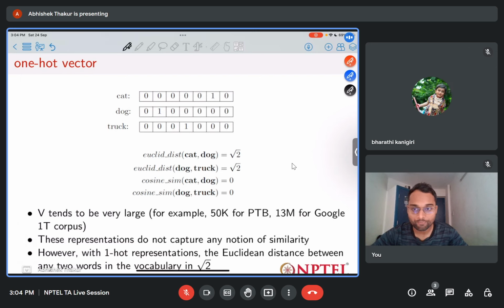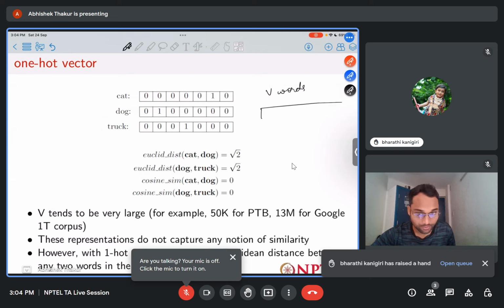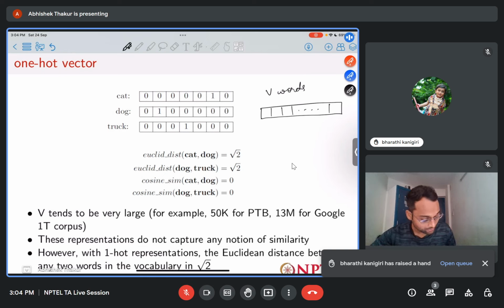So for each word, let's suppose we have a set of V words. Then there is a vector of length V. We represent each word by giving one value as 1 and the others will be zero.